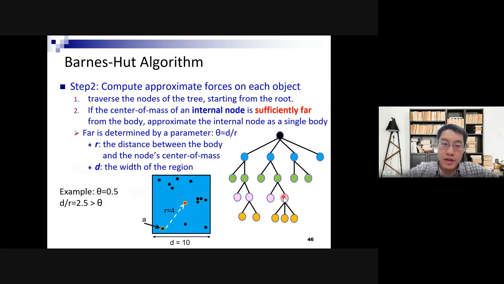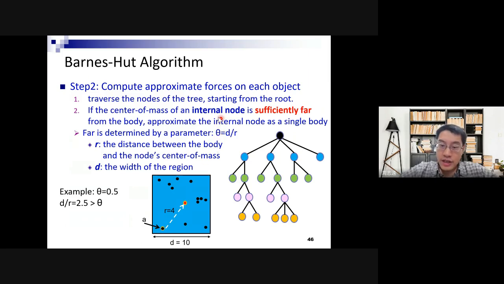After we build that, how can we utilize it to approximate the force with respect to a given object, for example the dot over here? The way we compute it, as I just mentioned, depends on the theta parameter or threshold.